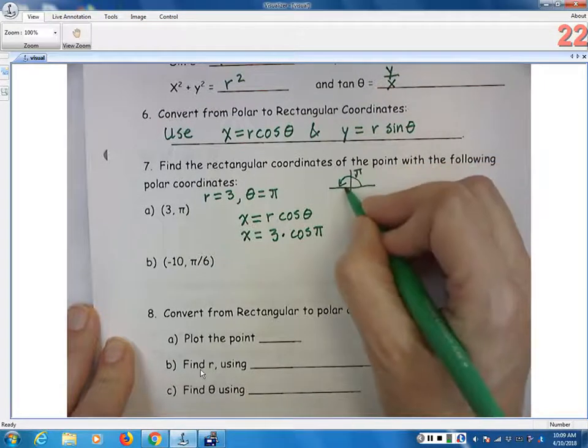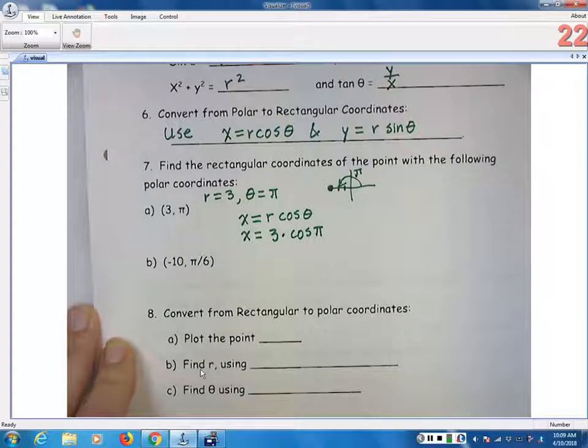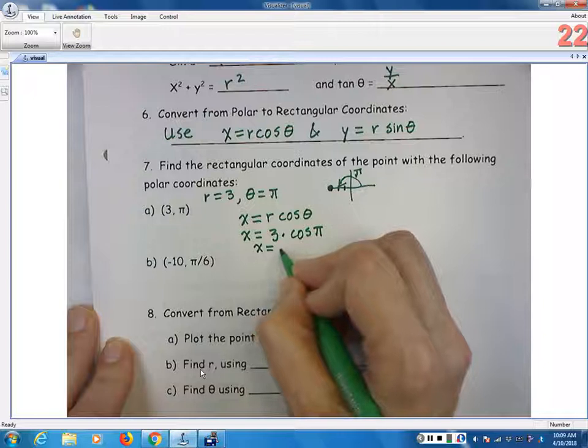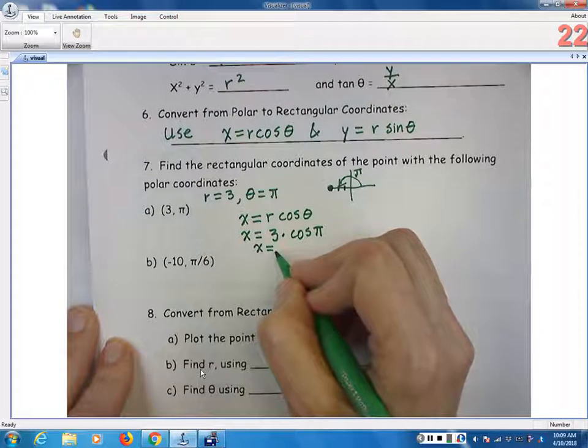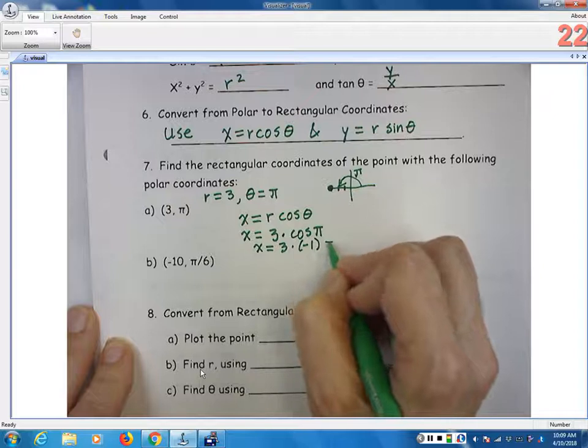Pi, 1, 2, 3, here's our point. What's cosine of pi? It's -1, right? Three times -1, so x is -3.